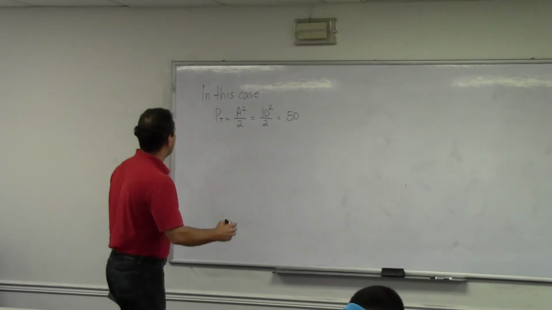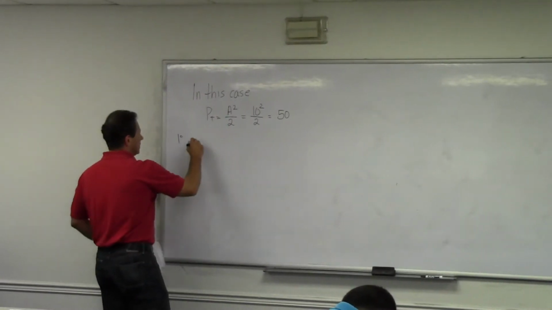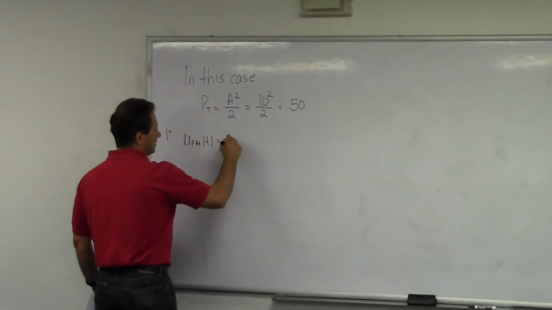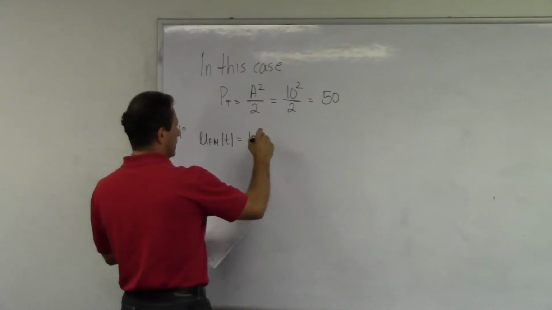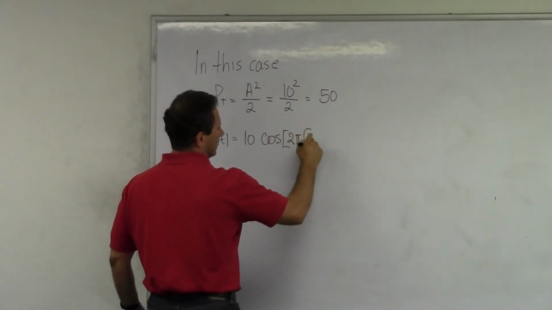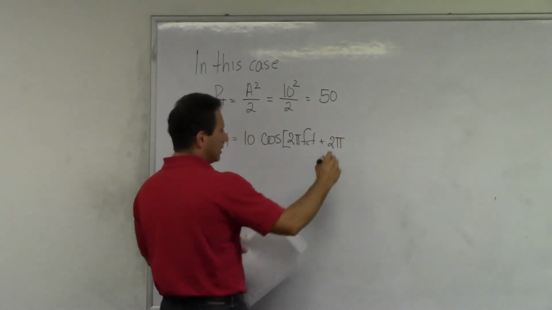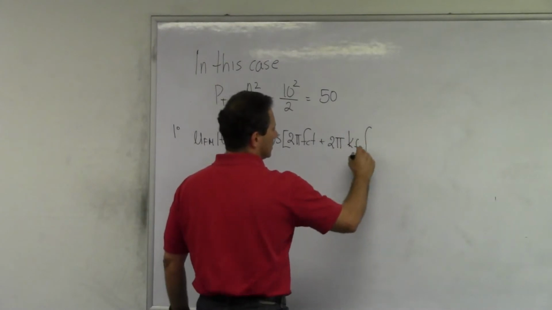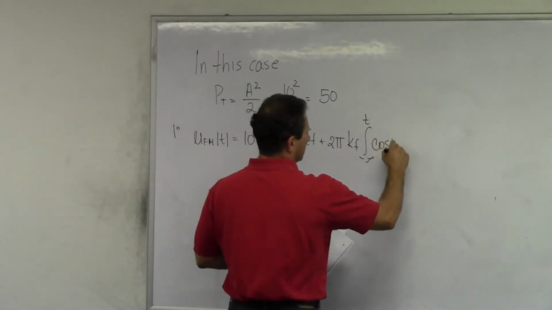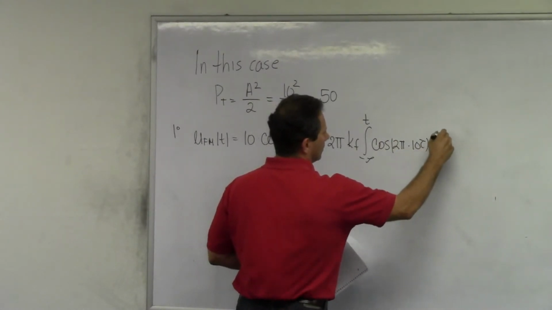Okay, so let's go for the spectrum. We see that our u_FM(t) is going to be 10 times cosine of 2 pi fc t plus 2 pi times kf, integral from minus infinity to t of cosine 2 pi times 10 tau d tau.